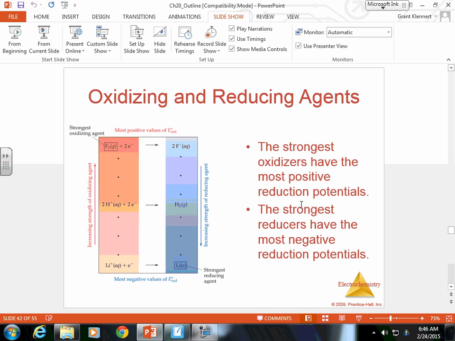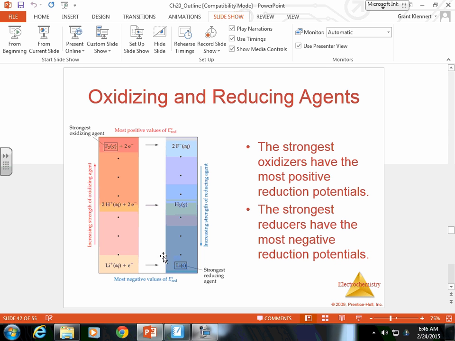A couple of final things when we talk about voltaic cells. The strongest oxidizers have the most positive reduction potentials, and the strongest reducers have the most negative reduction potentials. If you can find the most dramatic difference between the two, you've just created the strongest battery. Now, you may see this lithium at the bottom, the strongest reducing agent. Some batteries are made out of lithium ions.